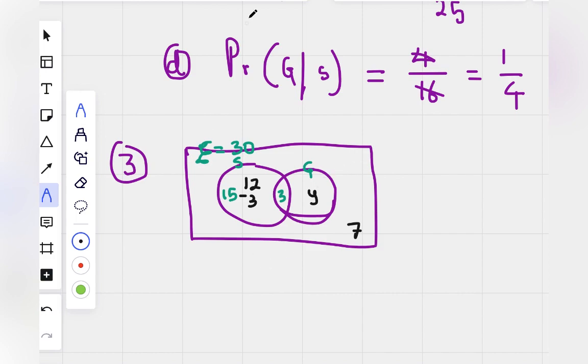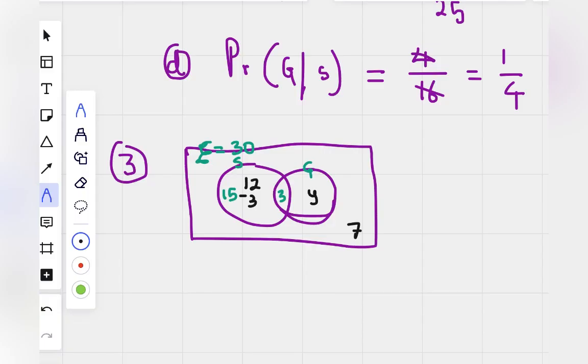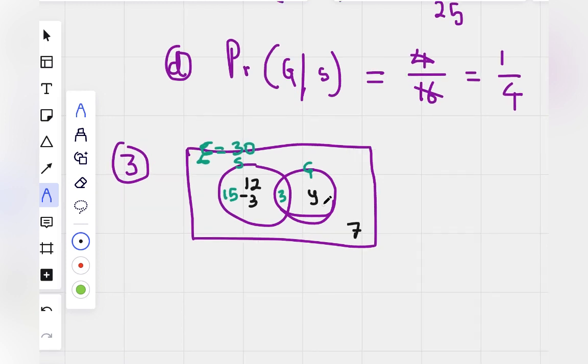So let's see what the question is going to ask us to do. It said draw the Venn diagram. That's the first information. To draw the Venn diagram, we must find the number that is here, the German only region. For the Venn diagram to be complete, we must find that number.